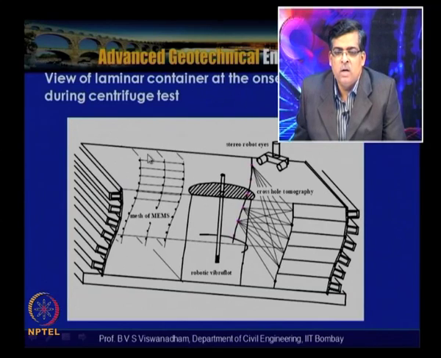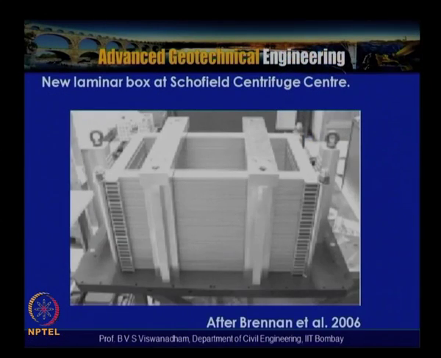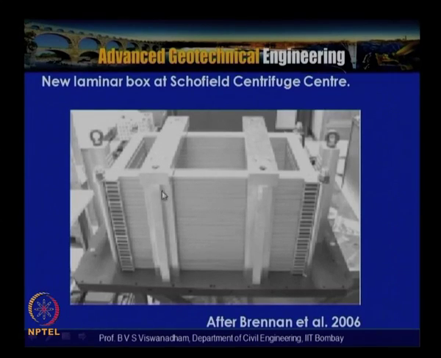Here, for example, a pile subjected to earthquake shaking is being studied. You can see that different types of instrumentation are placed to monitor during the earthquake. This is a typical laminar box at the Schofield Centrifuge Center, wherein you have different types of aluminum discs placed and contained in this direction for shaking in this direction, and also contained in this direction.